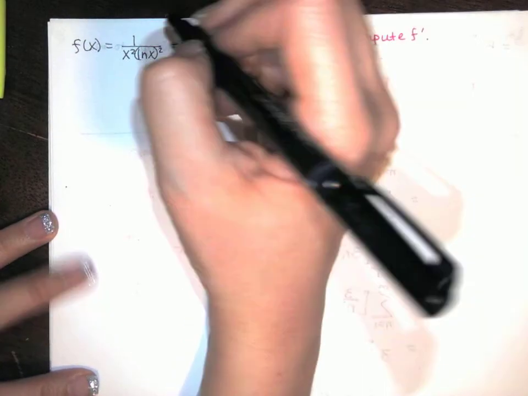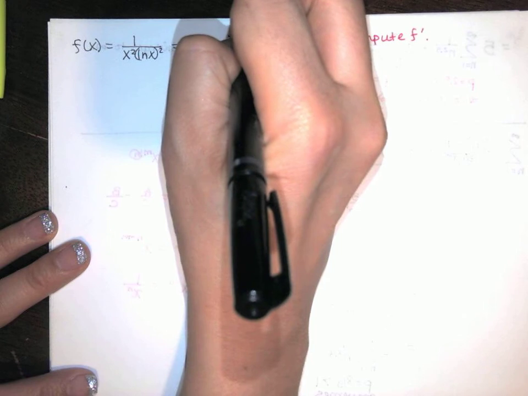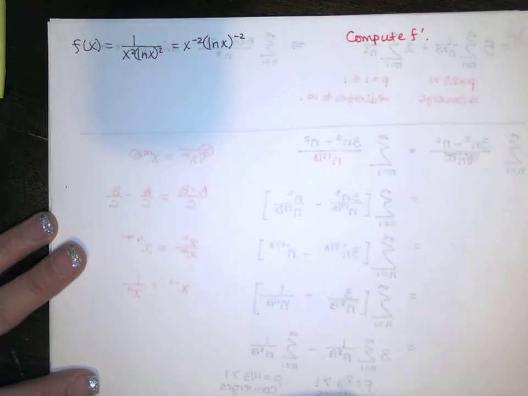So we're going to compute f prime. F of x is this. Now we can bring both of those factors up to the numerator, and do that instead, and then use the product rule.